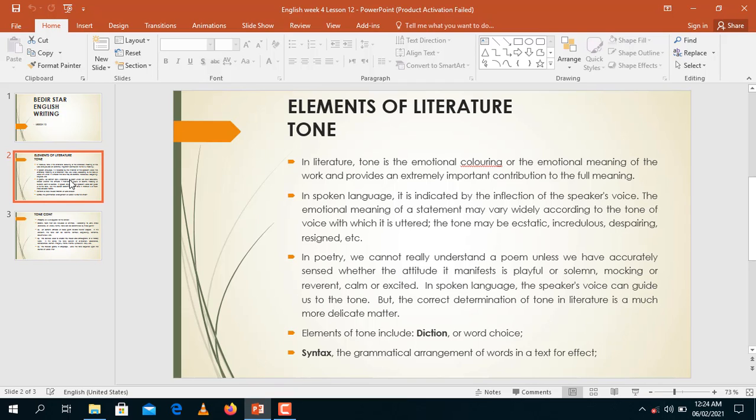How you speak, aggressively, calmly, can also carry an emotional meaning. The tone is your voice. So if you speak aggressively, angrily, it can also tell an emotional element of the story. Remember, I said the tone is the emotional meaning of the story or the emotional coloring to a story.